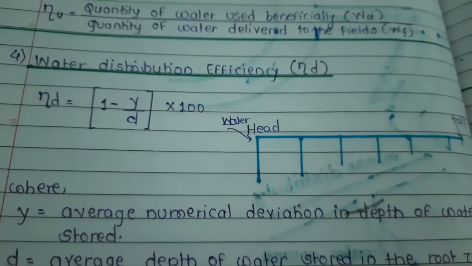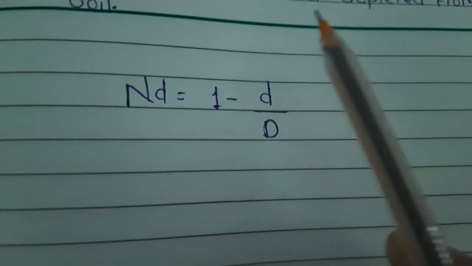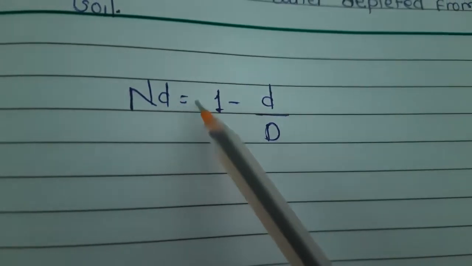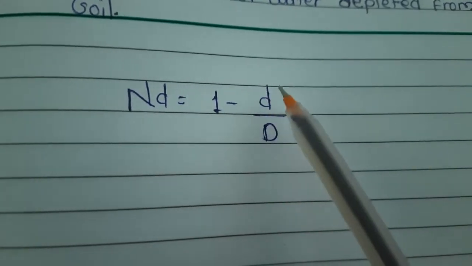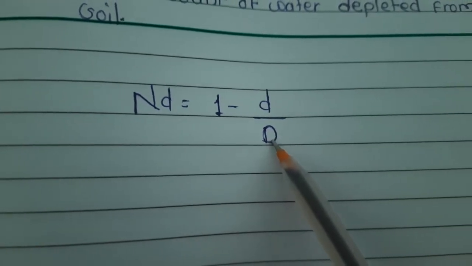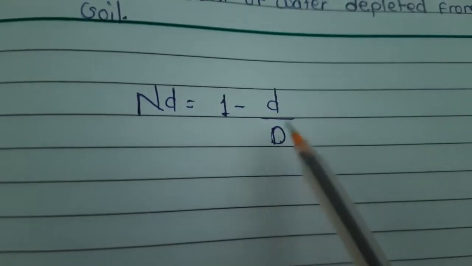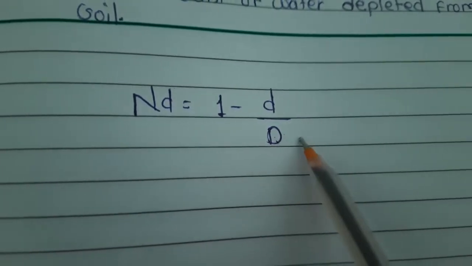In other books, the formula is given by eta D is equal to 1 minus small d upon capital D. The formula is the same, but the notations are different.